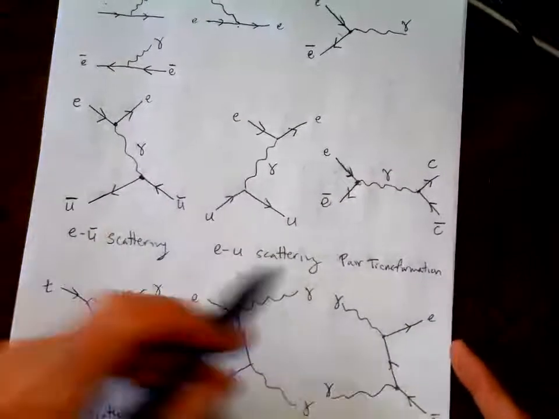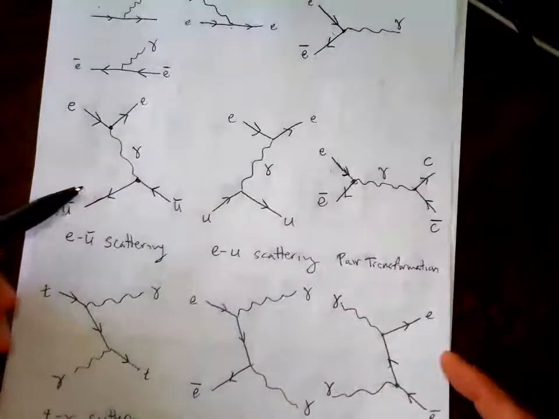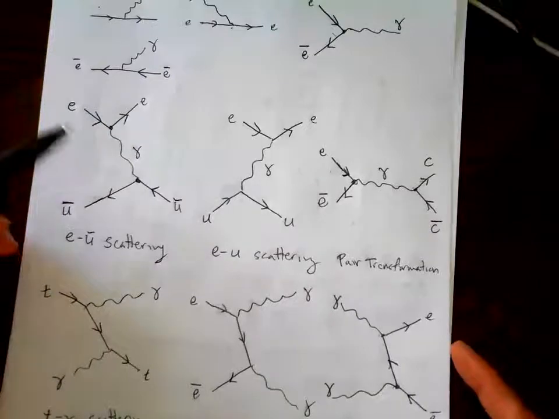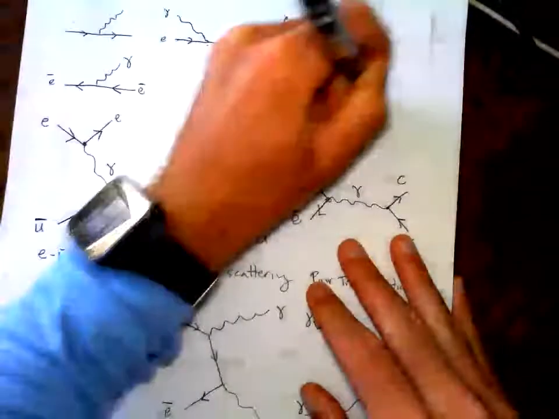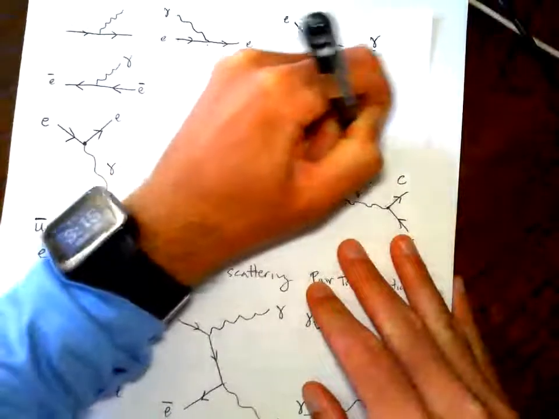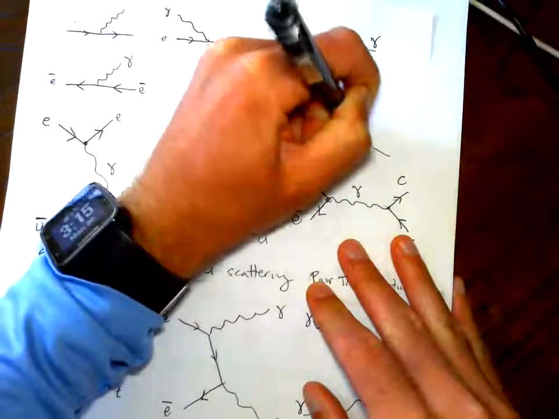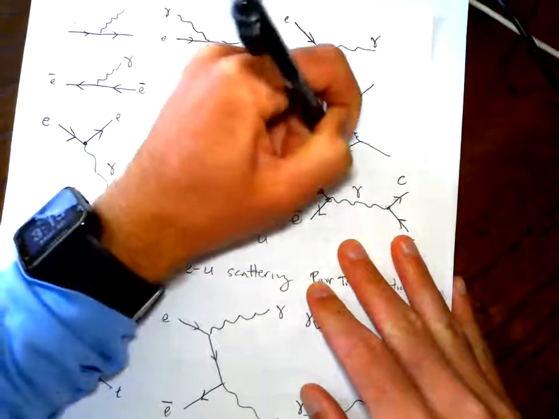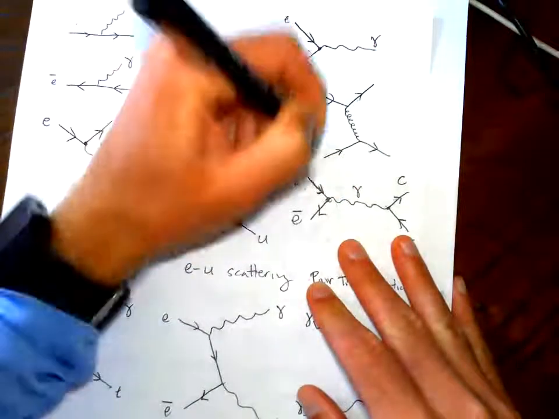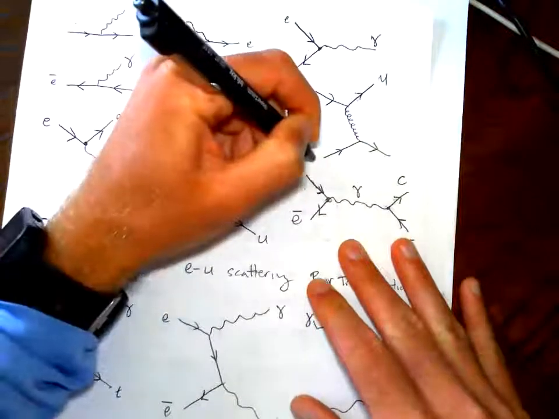So many of these diagrams are also possible with quarks, or with gluons, for example. So for example, you could have something like this. Maybe this is an up quark, maybe this is a down quark.